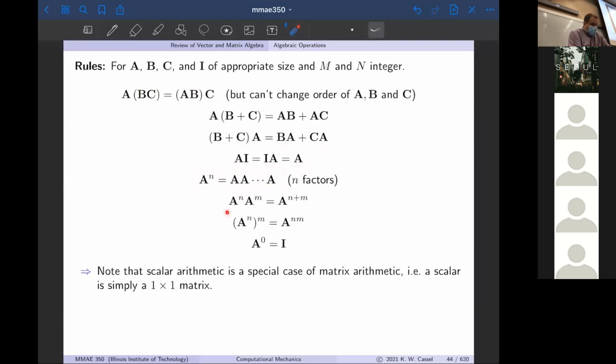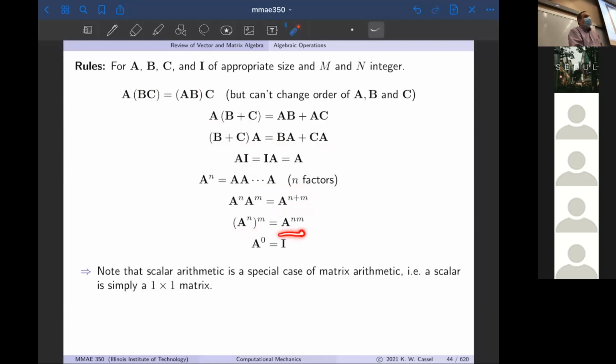A to the power n times A to the power m, just like for scalars, you add the exponents. So it's A to the power n plus m. Likewise, if I have A to the n and then that to the mth power, that's A to the n times m.